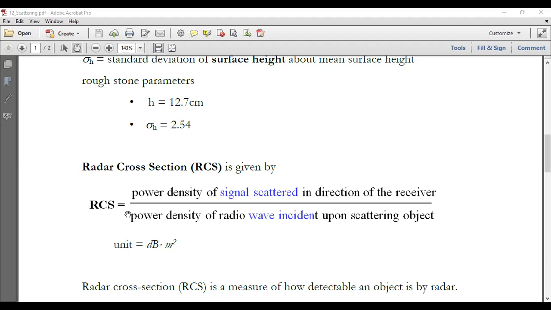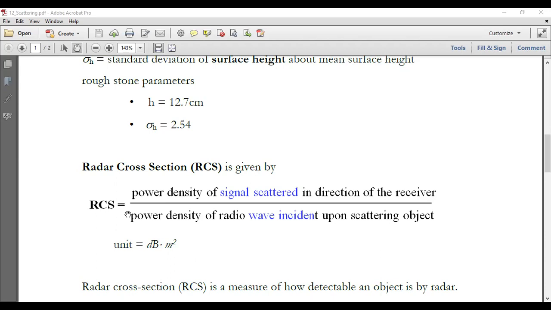The radar sends a signal, and it is incident on the object, the fighter or whatever, and then you get some power back from there. This power is received, from which it estimates the position and the velocity of the object. Here the way you get the signal back can be treated as a reflection or scattering.